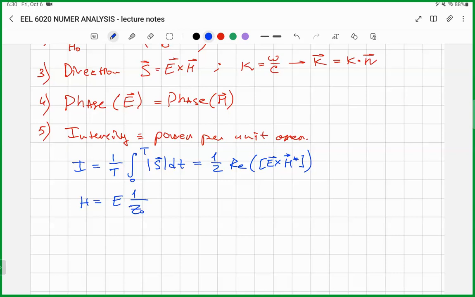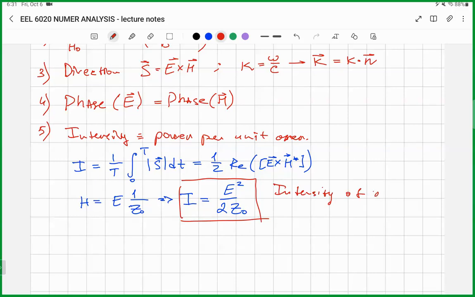And we come to the conclusion that the intensity of a plane wave is equal to 1/2 E squared over Z naught.